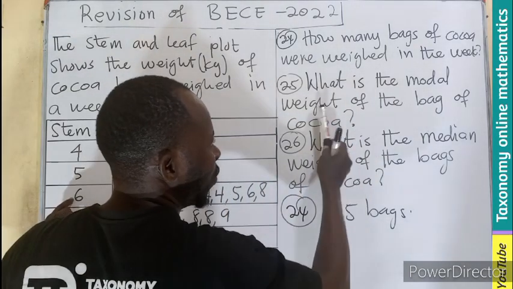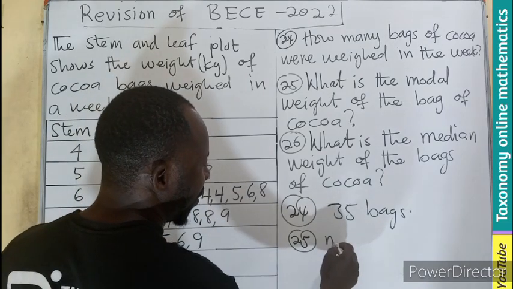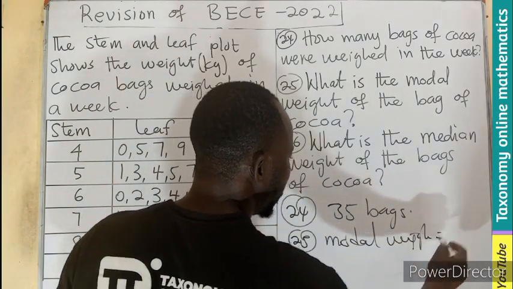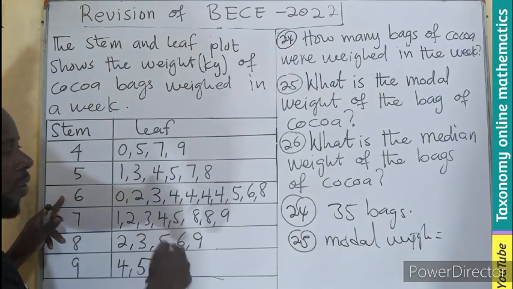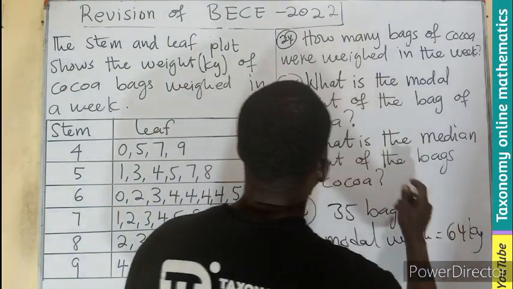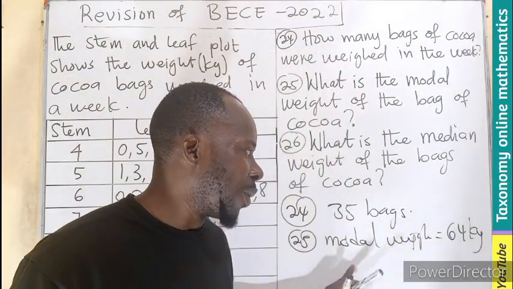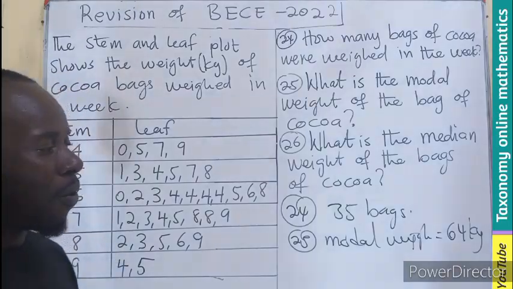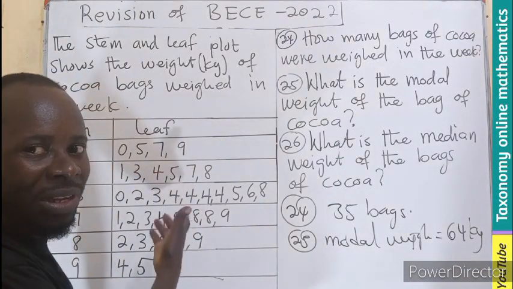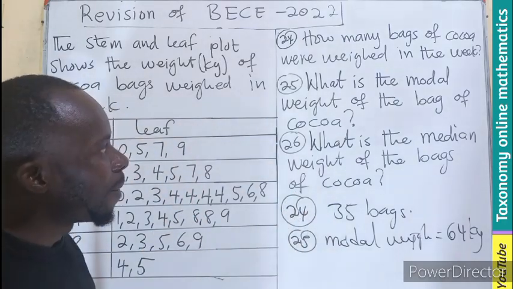So our modal weight will be 64 kilograms. But here we are dealing with the weight. The number that repeats the most, the most occurring data, gives us the mode.